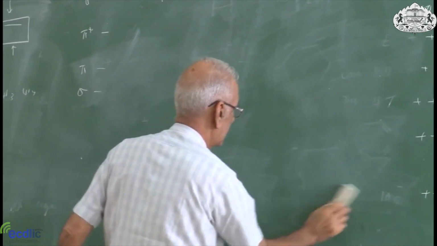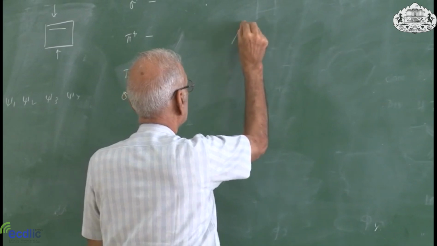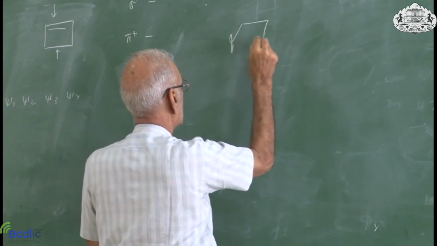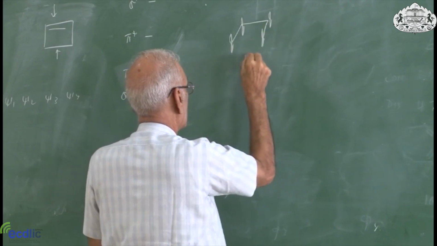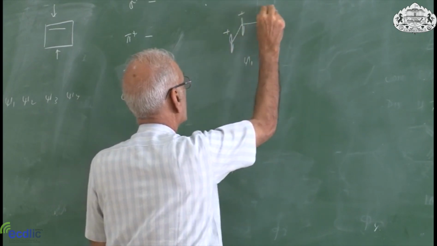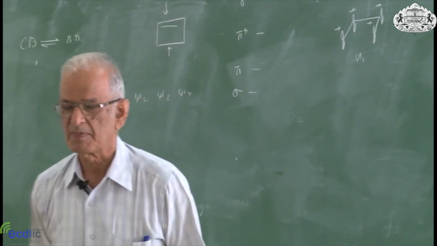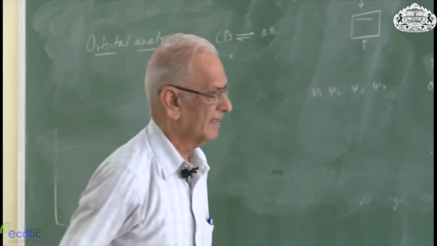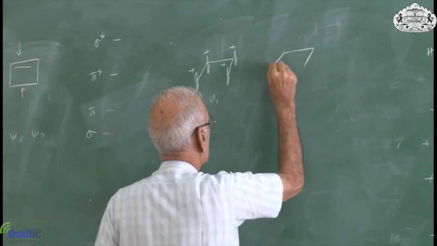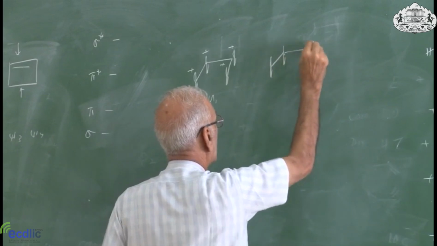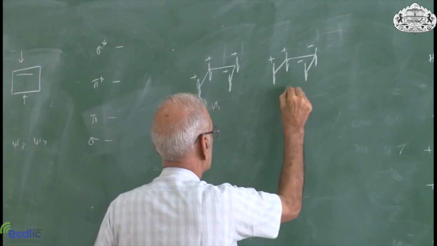Okay. So, let us draw those 4 orbitals. This is your psi 1 orbital, plus, plus, plus, plus. Plus, plus, minus, minus.